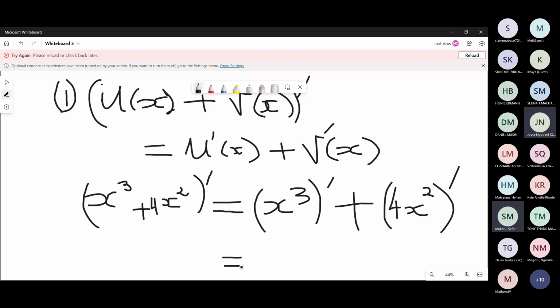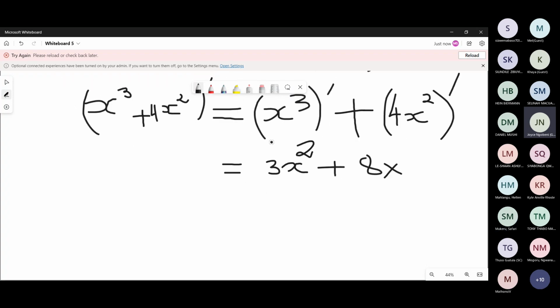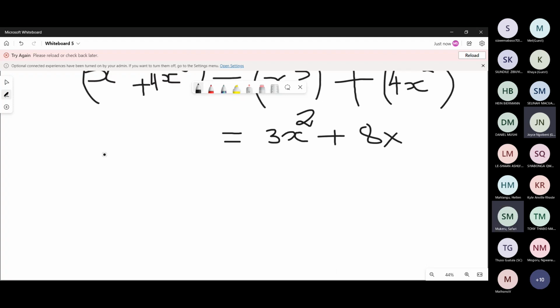Here we have exactly 3x power 2, as you mentioned, plus 8x. So we have been using this rule already: the derivative of a sum is the sum of the derivatives. Easy.